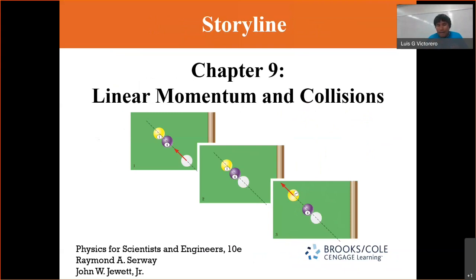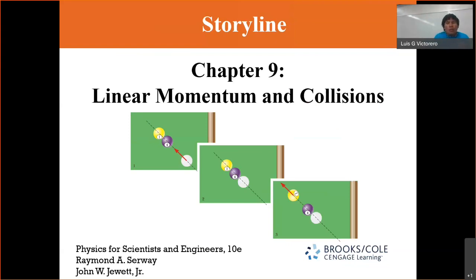You hit the white ball, and after it makes contact with the purple one, it transfers momentum and energy to the yellow one, the number one ball. And then that ball travels.